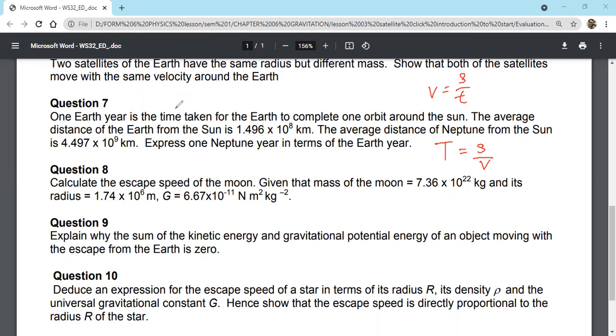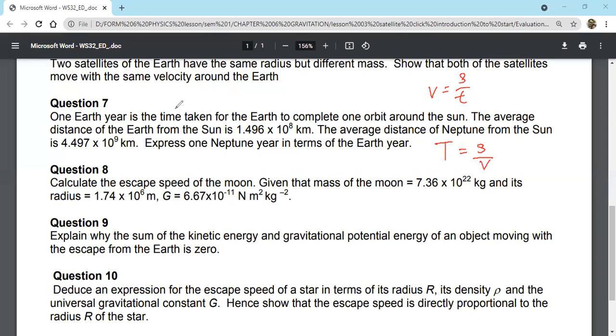The average distance of the Earth from the sun is 1.496 times 10 to the power 8 kilometers, and the average distance of Neptune from the sun is 4.497 times 10 to the power 9 kilometers.